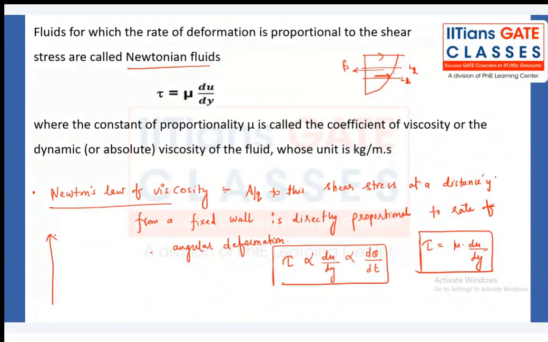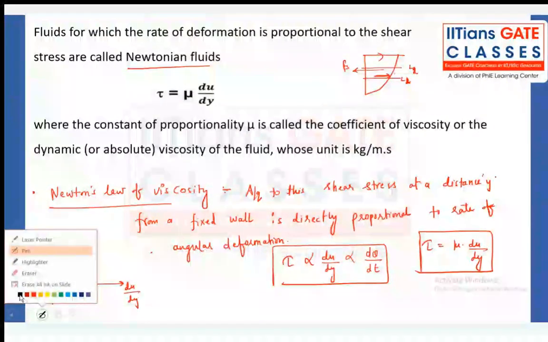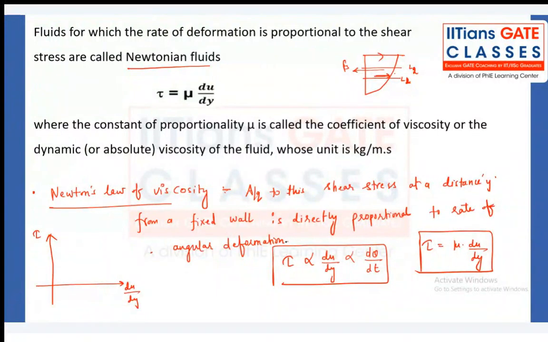If I plot tau versus du by dy, tell me, will this graph be linear or non-linear? Y is directly proportional to x, so the graph will be linear. And the slope of this graph is called viscosity.